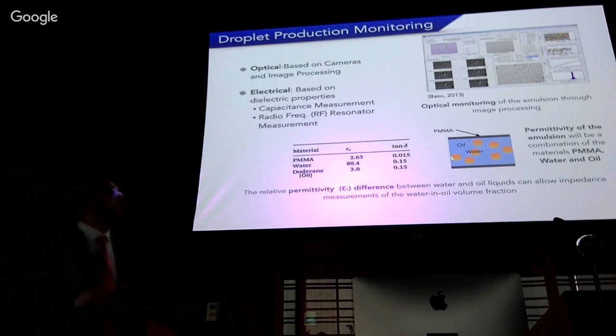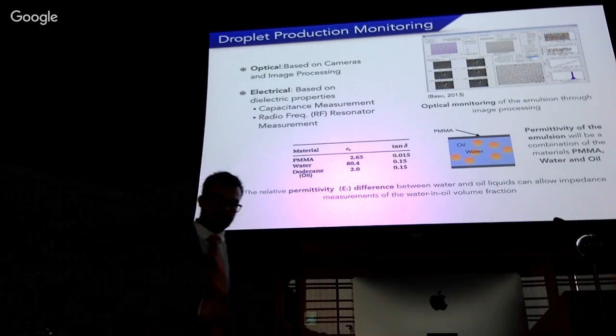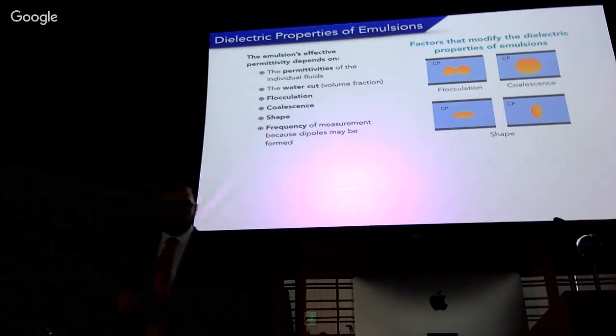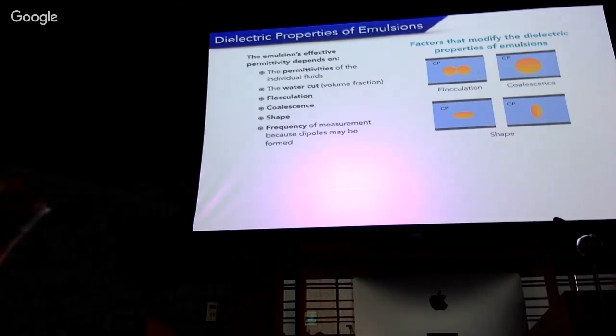So the effective permittivity of this material will depend on the proportions of the individual materials. And then there are other dielectric properties in this type of complex emulsion. So the dielectric properties will depend on different parameters.